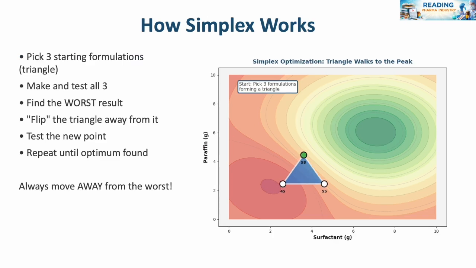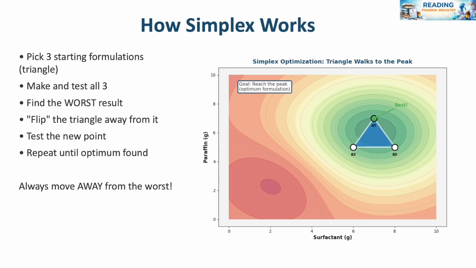Okay, this explains how simplex works. You pick three starting formulations to make up a triangle, and you make them and test all three. Then out of the three, you find the worst one. What you do next is flip the triangle away from it, so you get away from the worst result.